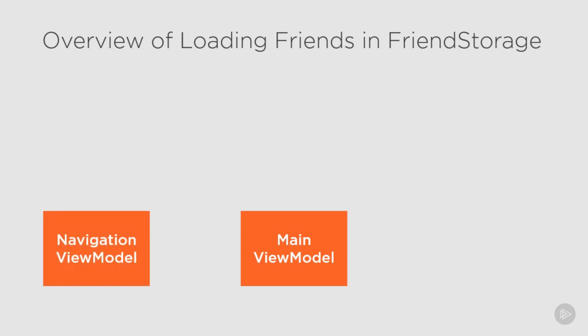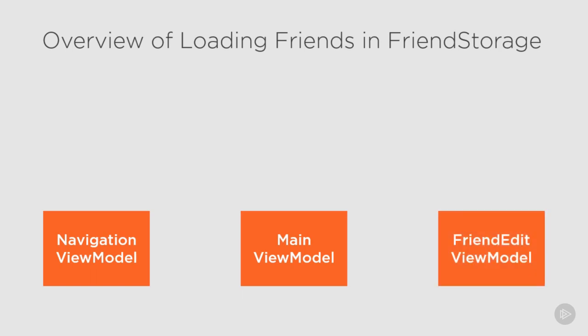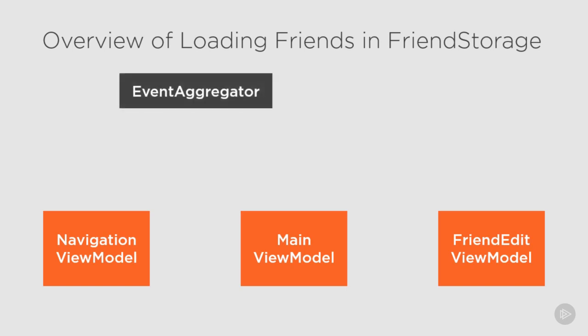In the friend storage application, we have the main viewModel that holds an instance of the navigation viewModel. The main viewModel will also have a collection of friend edit viewModels which represent tabs in the user interface of the friend storage application. Now when an item in the navigation viewModel is clicked, we want to use an event aggregator, and we publish an event with a friend ID to that event aggregator.